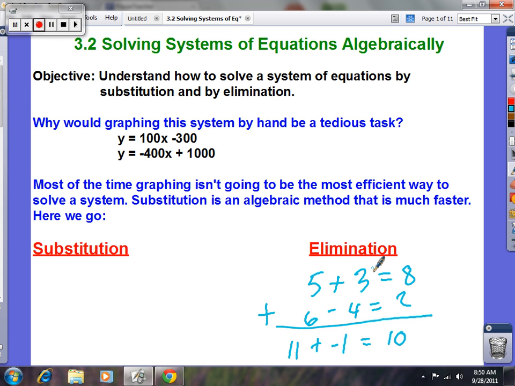I started on the bottom with the true statement. And you can add them vertically, and you will end up with 11 plus a negative 1. You're going to end up with the true statement. So this way is called stacking. I call it stacking. You're going to line them up. You're going to add them vertically. This way is elimination. So are we legit? Is that an okay move?